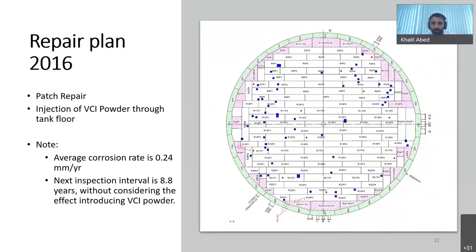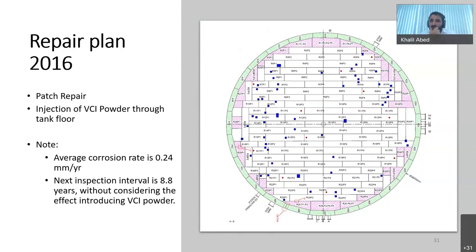Based on the tank floor inspection activities, a repair plan was prepared to fully replace the annular plates. The repair plan included replacing all the annular plates, replacing 30 sketch plates, placing 58 welded-on patch plates, and injecting VPCI powder at that time.